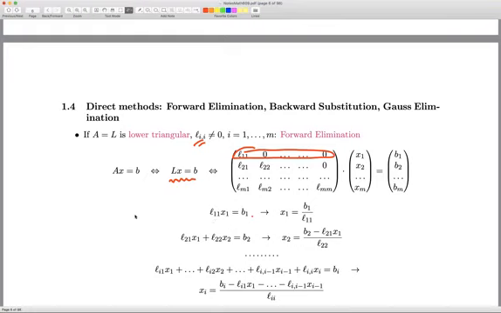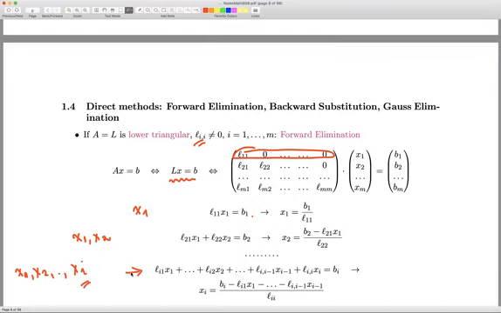So the first equation has only one unknown, x1. The second equation has two unknowns, x1 and x2, and so on. The ith equation has x1, x2, and so on up to xi, all these unknowns, and only them.